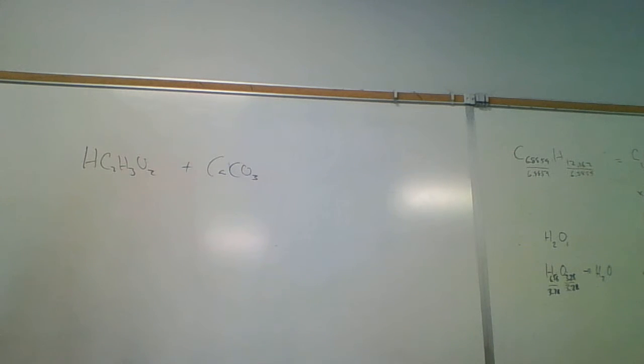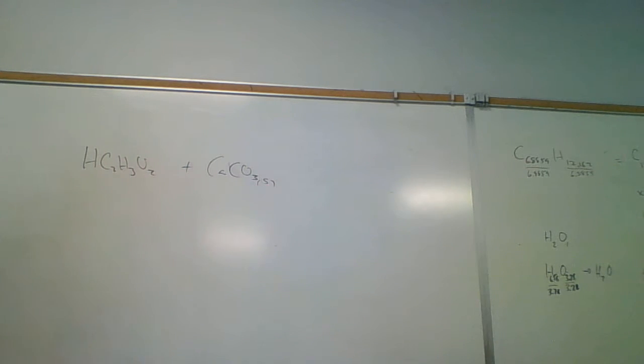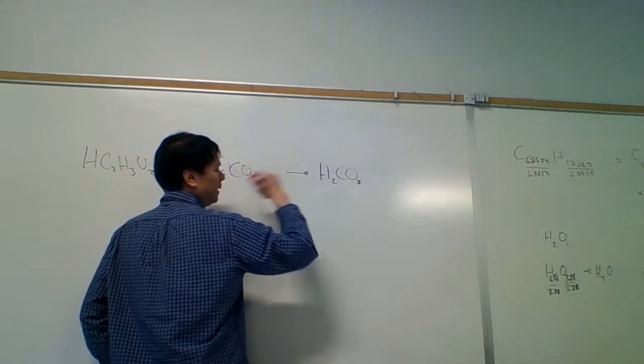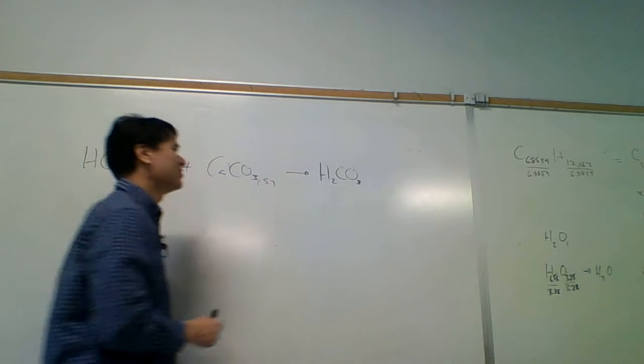Is acetic acid soluble or insoluble? Soluble. Calcium carbonate, is it soluble or insoluble? Not soluble. This is a solid. Acetic acid would be aqueous. What does this form? Hydrogen carbonate. What's the formula for hydrogen carbonate? H2CO3. H2CO3 goes by another name. What is it? Carbonic acid.